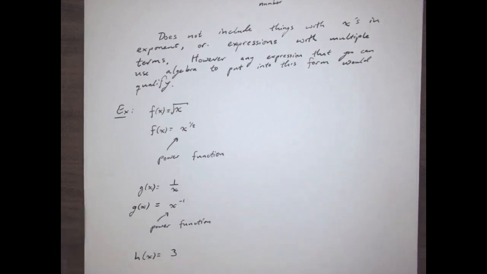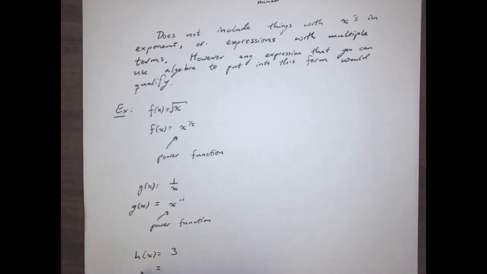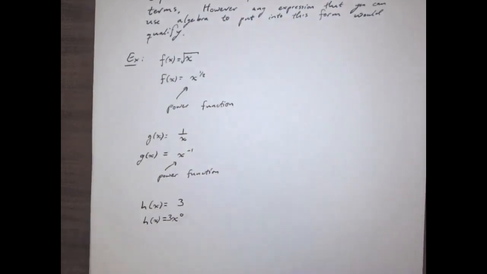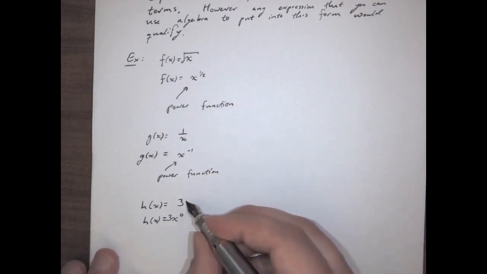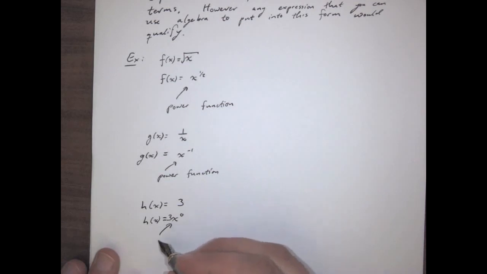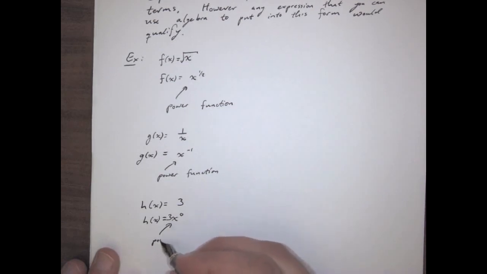Well, that doesn't quite look like a power function. However, we could rewrite that as 3x to the 0, because x to the 0 just equals 1. So here we could insert that as necessary, and we could consider this one also to be a power function.